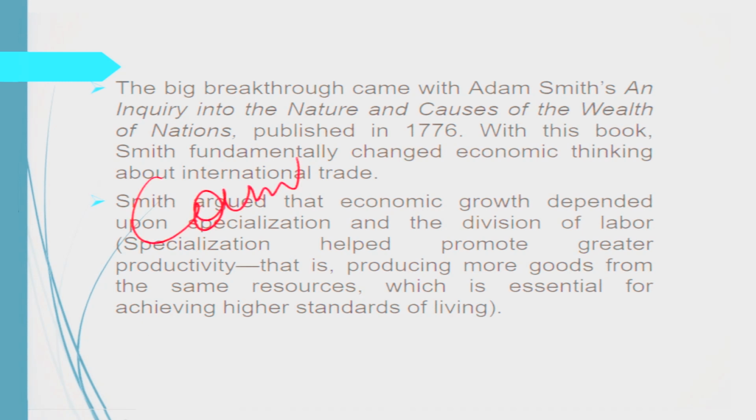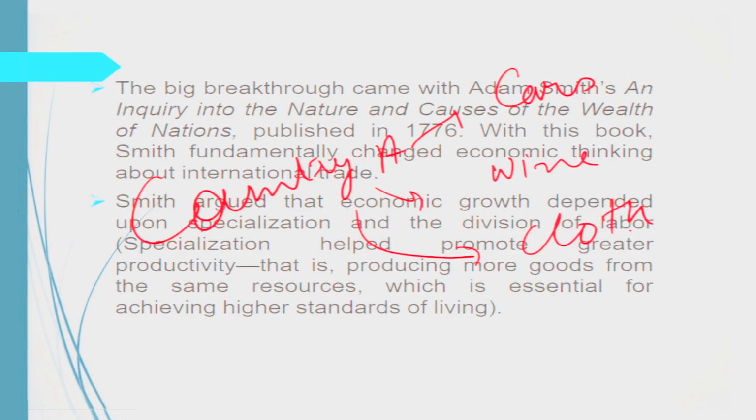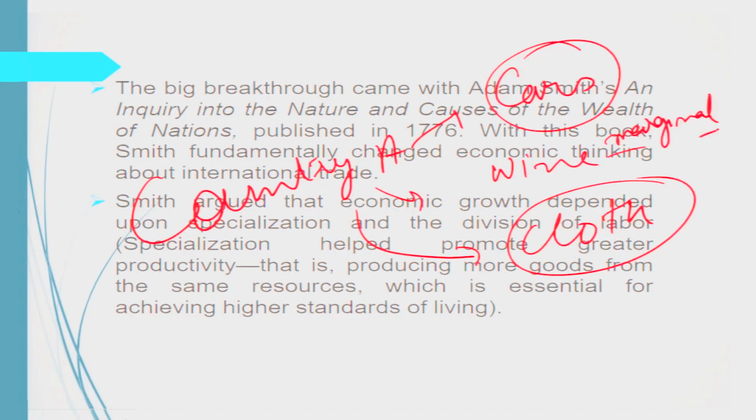Country A can produce cars, can produce wine, can produce cloth, but it is best in manufacturing, let's say, cars and cloth, and just marginal in producing wine. Now, how the labor should be used?